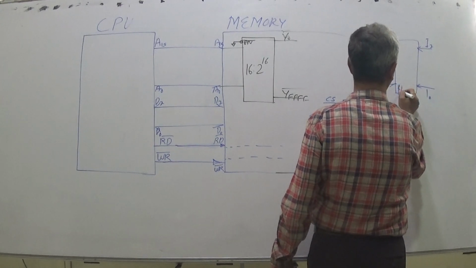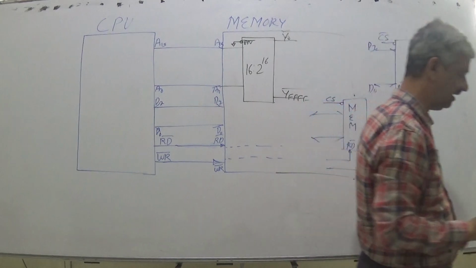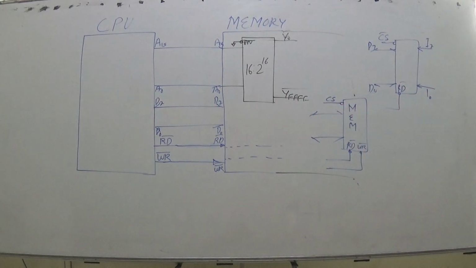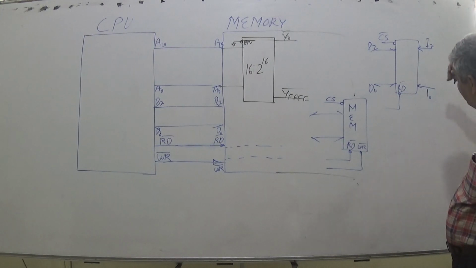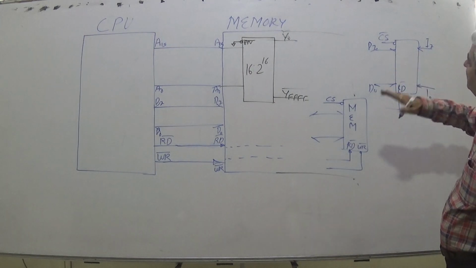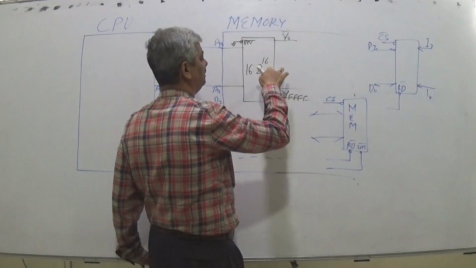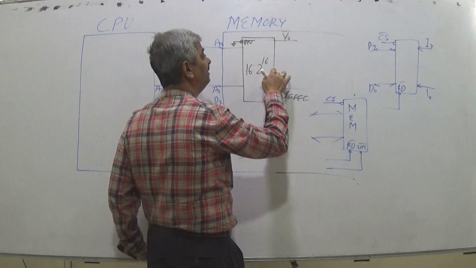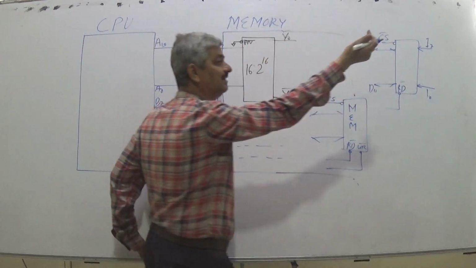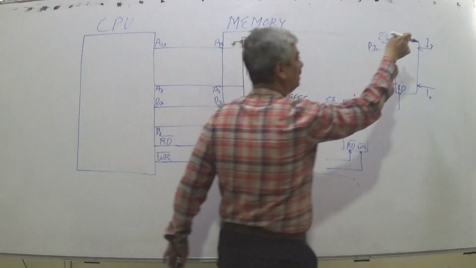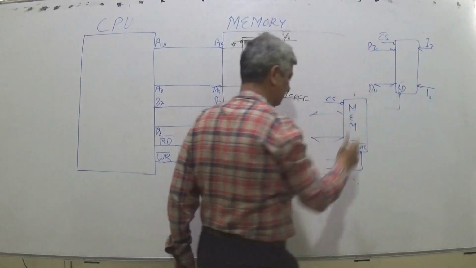When it has read bar, it doesn't have write bar. So whenever an input location is mapped, whatever the user puts here using pins, when the microprocessor reads that location, comes here, since this CS bar is mapped to one of the output pins of the decoder.